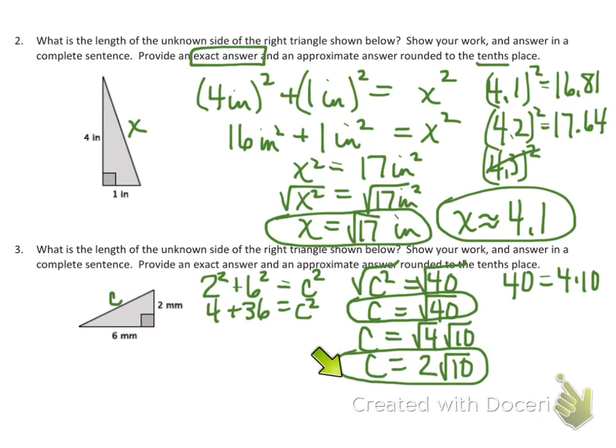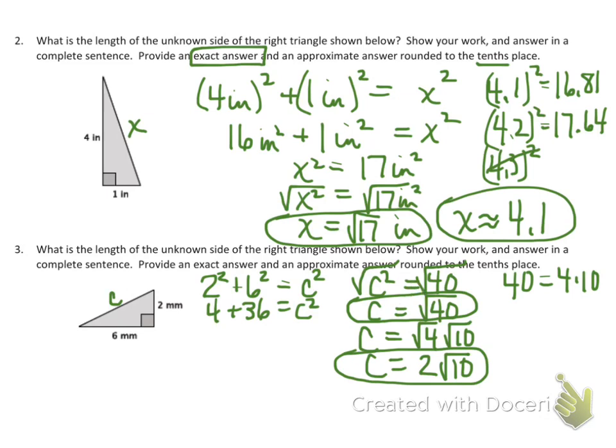Okay, so now we want to find an answer rounded to the tenths place. And so I'm going to go back to the square root of 40. So the square root of 40 would be between the square root of 36 and the square root of 49. So it's between 6 and 7.